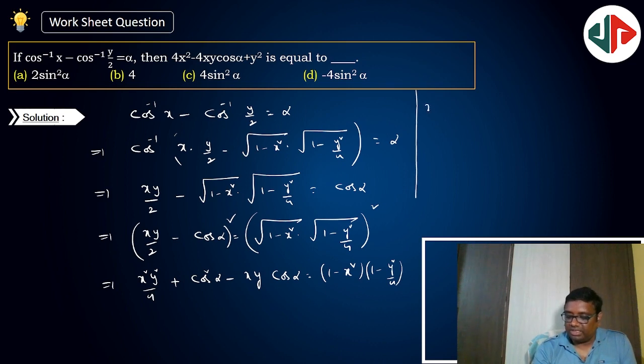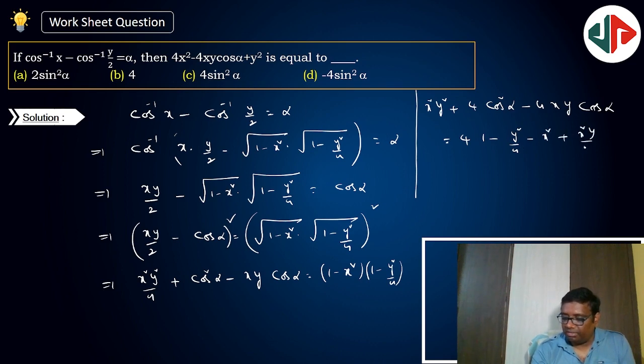It becomes x square y square plus 4 times cos square alpha minus 4xy times cos alpha is equal to 4 into (1 minus y square by 4 minus x square plus x square y square by 4). You simplify. This total value will be 4 times sine square alpha.